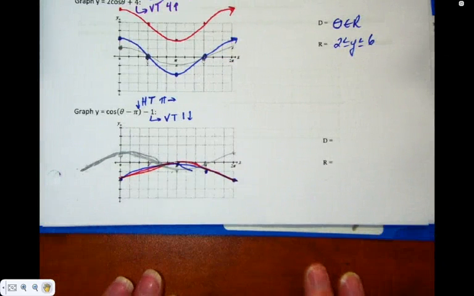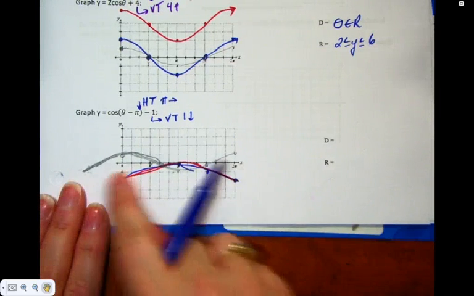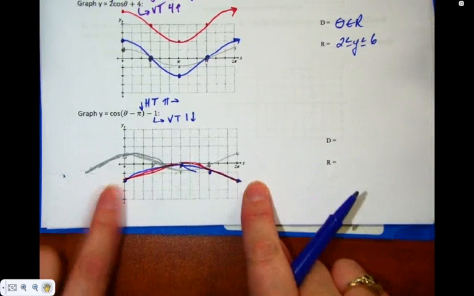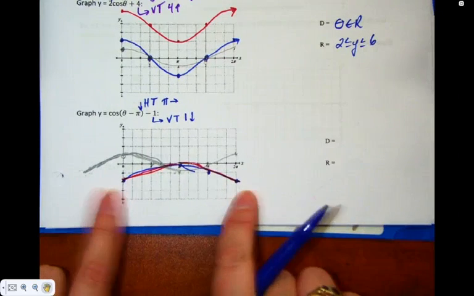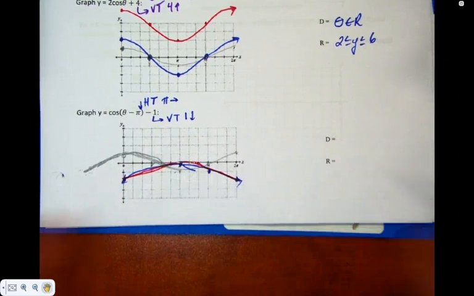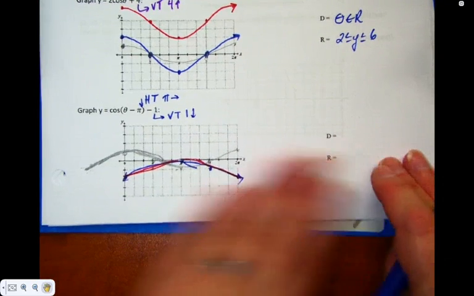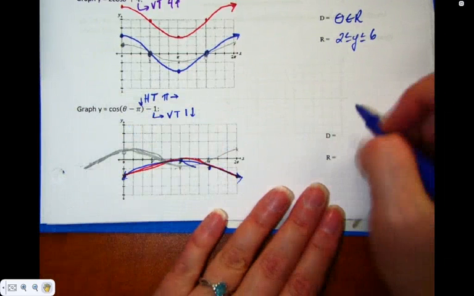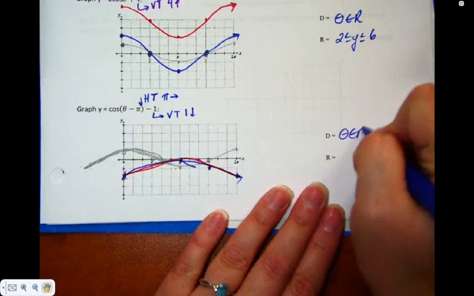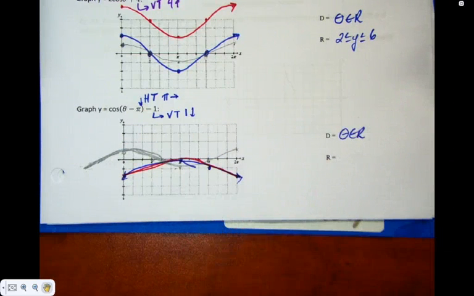Domain. So we're looking left to right. If your brain's not sure, put the arrows, because we know it goes on forever and ever. And you want to say x is an element of the reals, except we have to match the variable in the equation: theta is an element of the reals. Look down, look up for range.